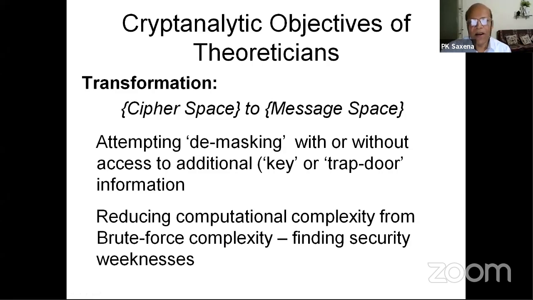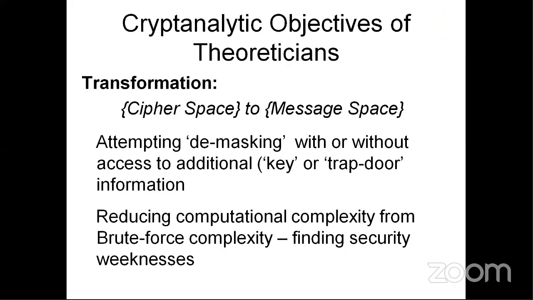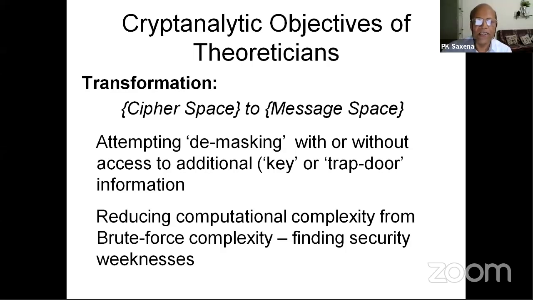For example, if my key space for a particular crypto system is 2 power 46, that is, one has to do 2 power 46 trials to arrive at the correct key, and one is able to reduce it to 2 power 40 key searches, then it is thought that we have done the cryptanalysis.